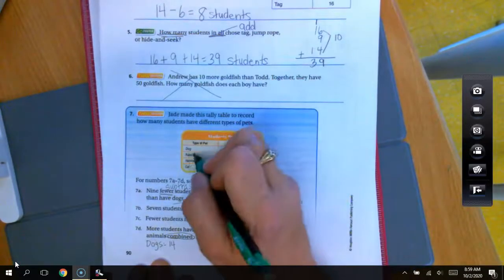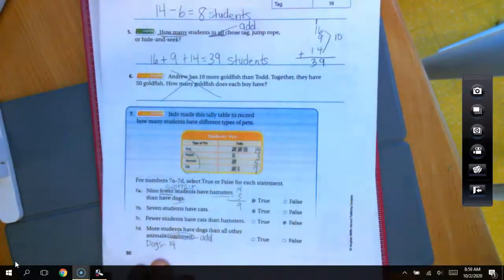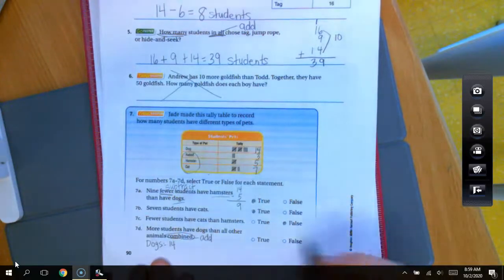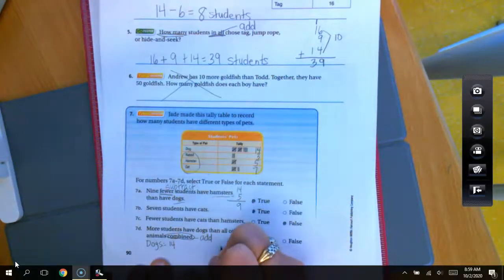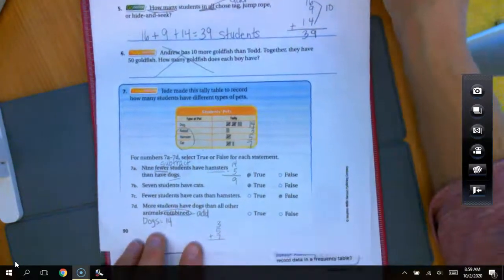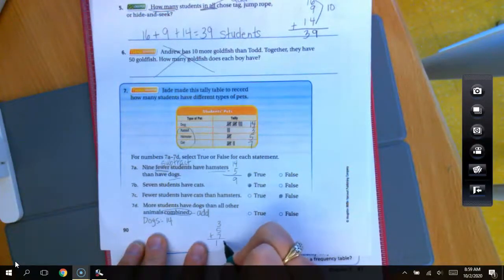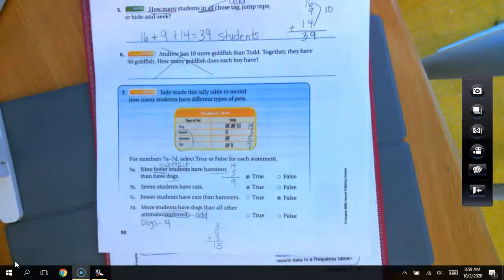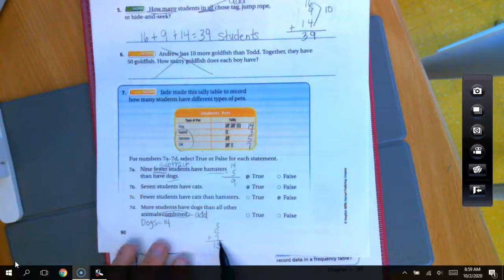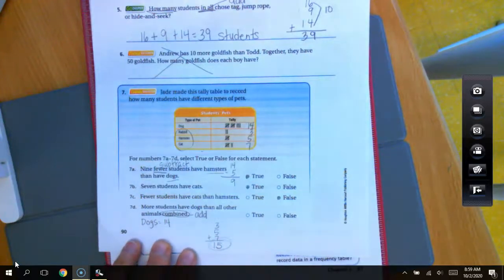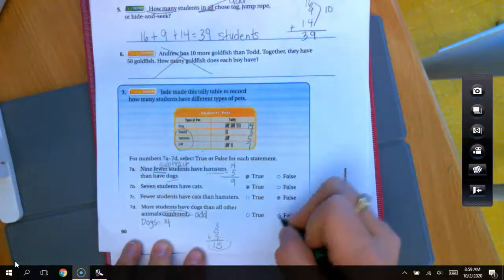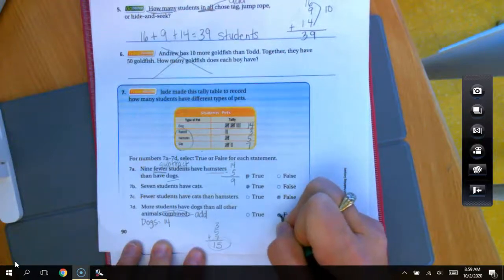So I need to add all these other pets. I have a rabbit, has 3, a hamster is 5, and a cat is 7. I need to add all of those up. 3 plus 5 is 8. 8 plus 7 is 15. So boys and girls, you tell me, do more students have dogs than all the other animals? Is that a true or false statement? If you chose false, you are correct.